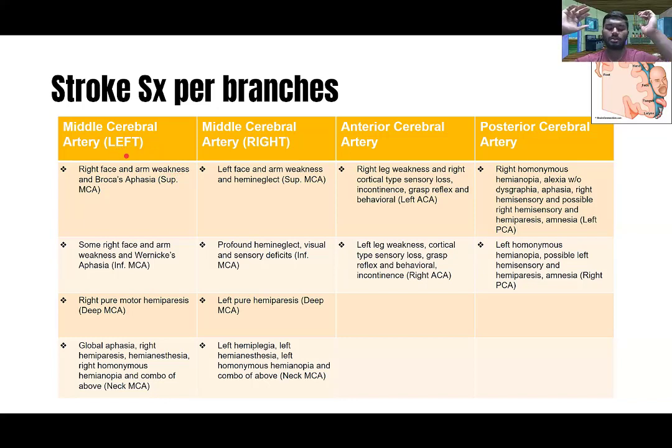So the cortex, we talked about the internal capsule, right? The cortex processes information. That information will be taken down the brain via the internal capsule, and then it'll go down to your spinal cord. At the bottom of your brainstem, the medulla, that information is going to cross over at some place called the pyramids. So the information that processes on the right side will actually go to your left side of limb.